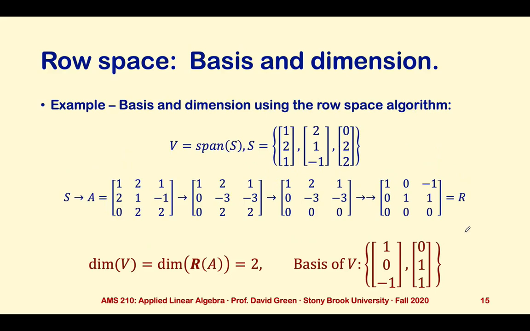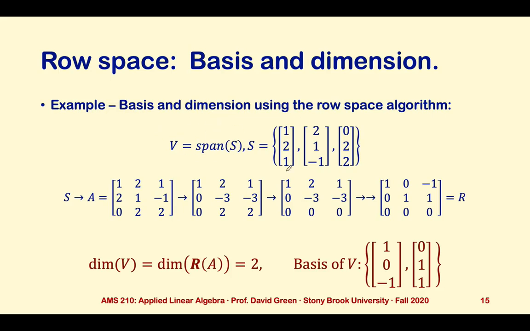Let's look at another example using the row space algorithm to find the basis and dimension of an arbitrary spanning set. We're given some set of 3 vectors, and we would like to find the dimension and the basis of their span. What do we do?